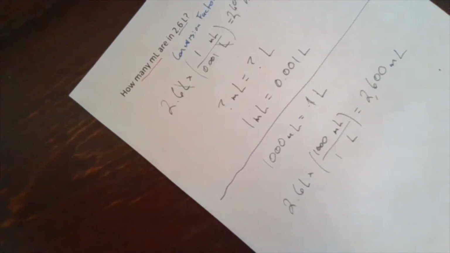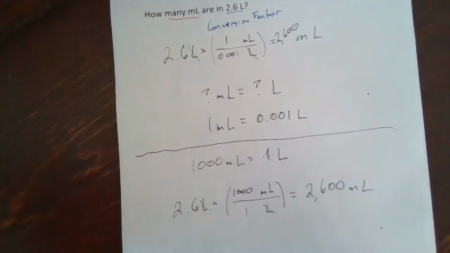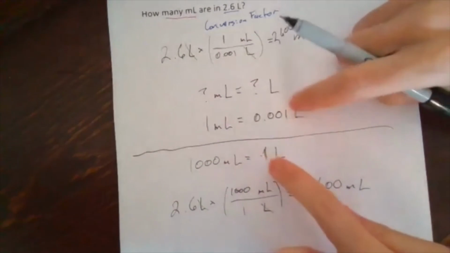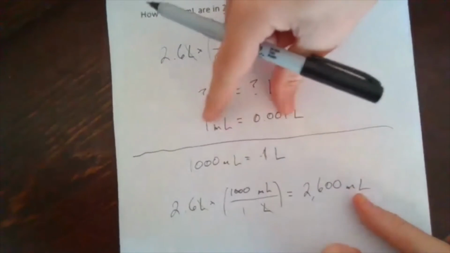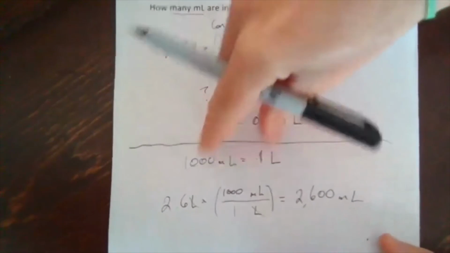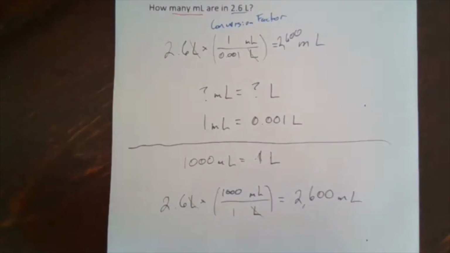And you would follow the same, your liters cancel, and you end up with 2,600. And so these are the equivalent relationships. Basically, you just multiply both sides of this equation by 1,000, and you end up with the same conversion factor. So either of those ways would work.